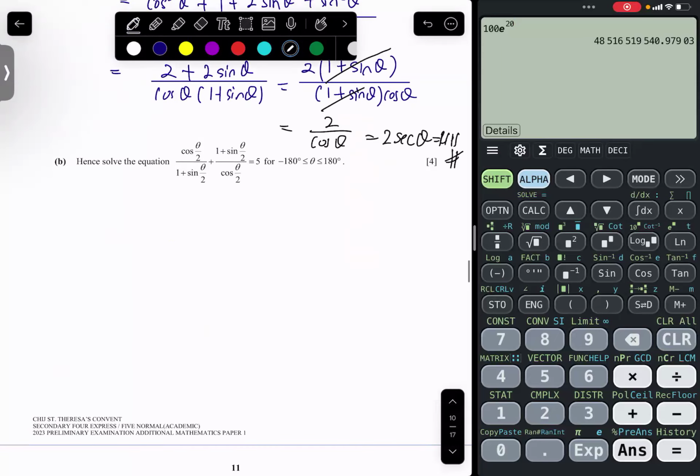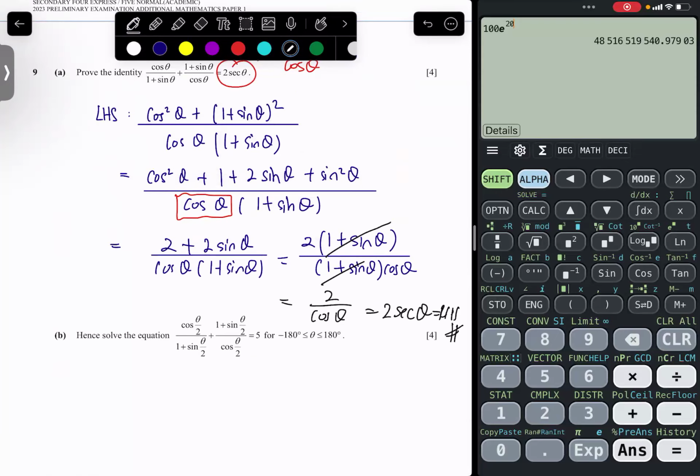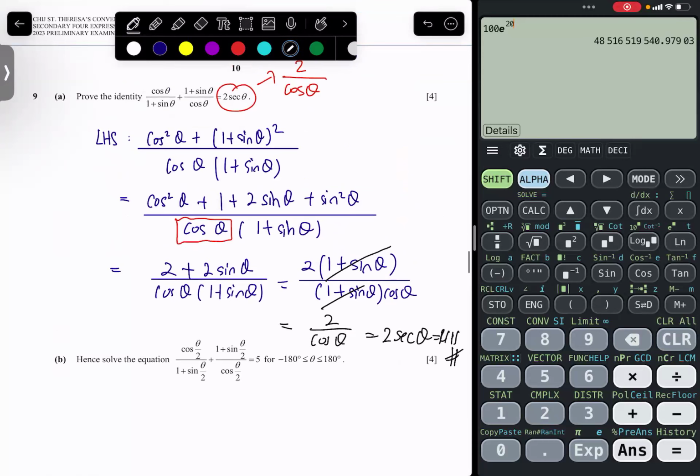Hence, solve the equation, which is trying to confuse us, equals 5. What we need to take note of is that they always try to play around with the angle. Imagine that this is X, then it will be exactly the same as the one above.